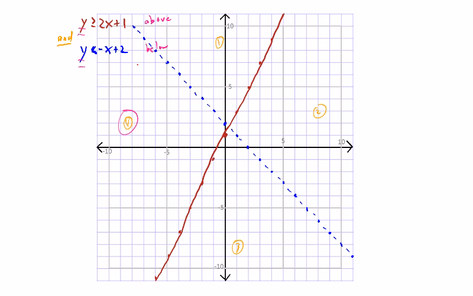Okay. Another way to do this is to test points. But when we test points, we want to use easy test points. Easy test points are ones where the arithmetic will be simple. So I think the easiest test point to use is 0, 0. Notice if I plot 0, 0, it's not on either line.